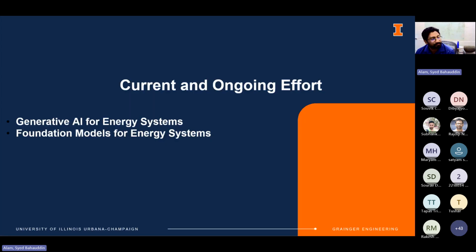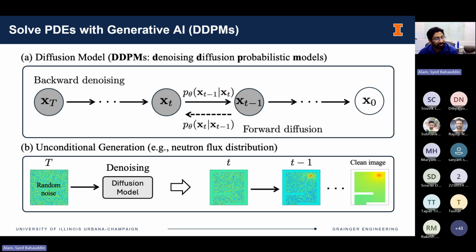So, current and ongoing efforts: one of the things we wanted to expand upon is Gen AI and foundation models. Professor Chakraborty also has some good input on Gen AI, especially on diffusion models and others. We just started the work and still haven't published anything in that area.